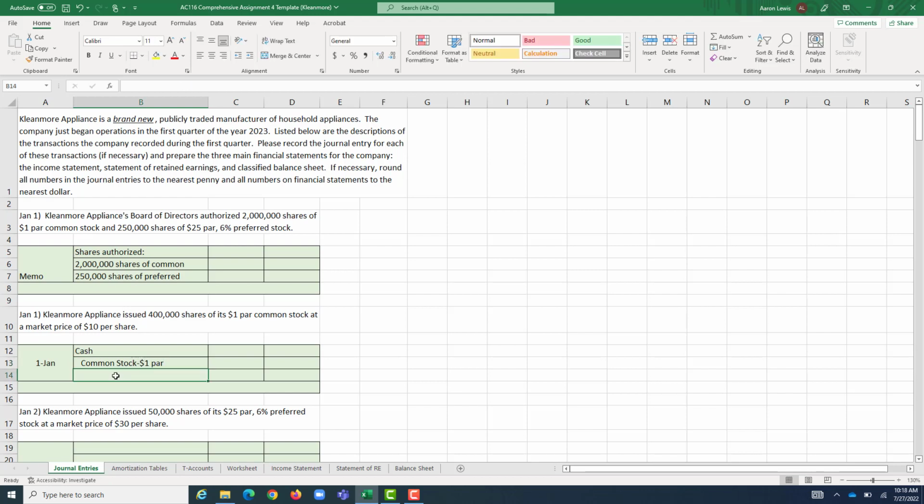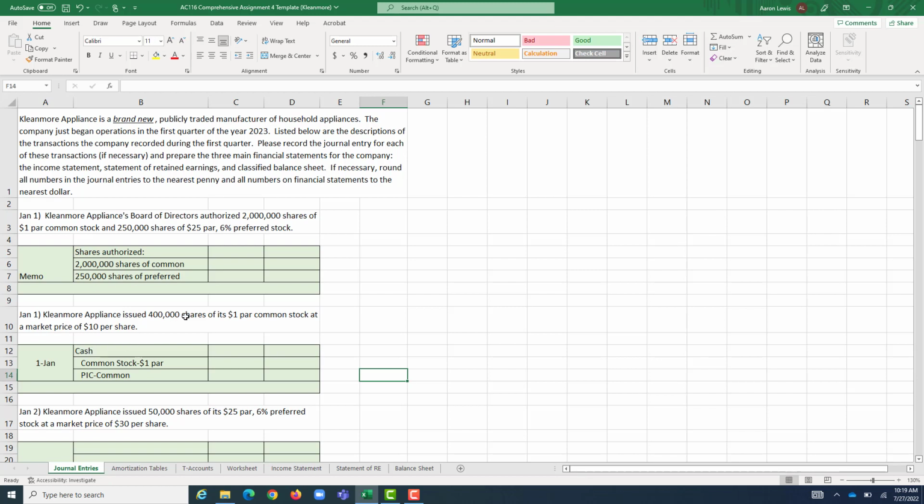And the other account used here, I should say, accounts for the amount that your now owners, your shareholders, paid in excess of that par value when they acquired ownership. That is your paid in capital in excess of par account, which I abbreviate because that's way too long to type, to PIC. So we have a paid in capital account for our common stock.